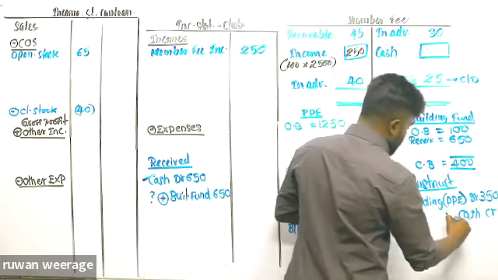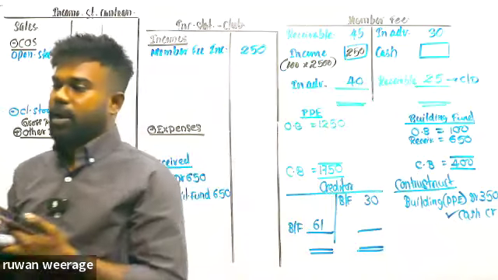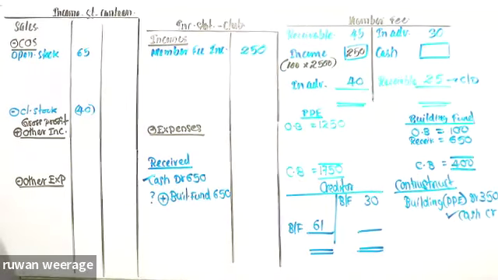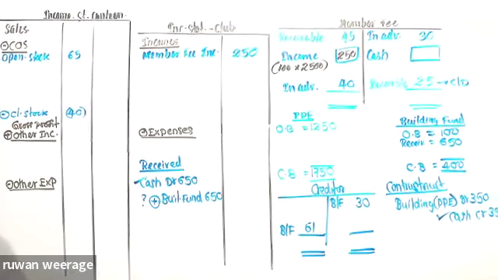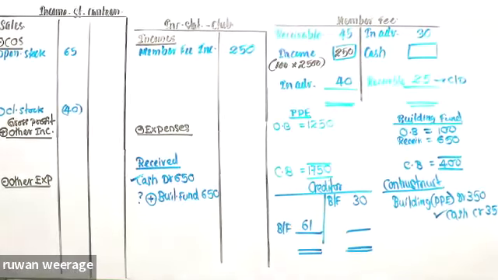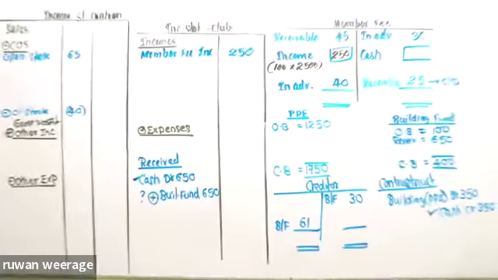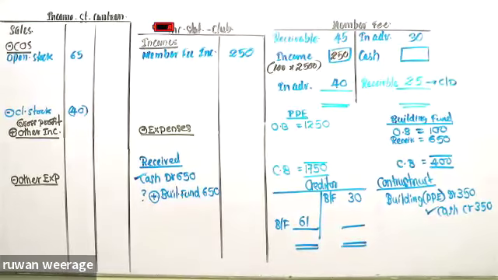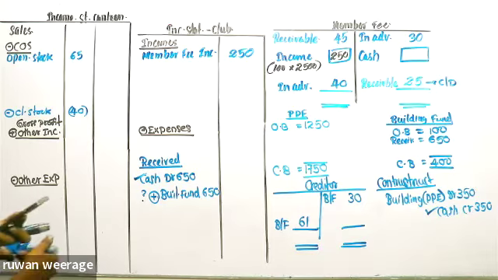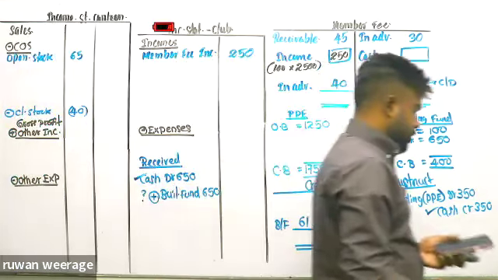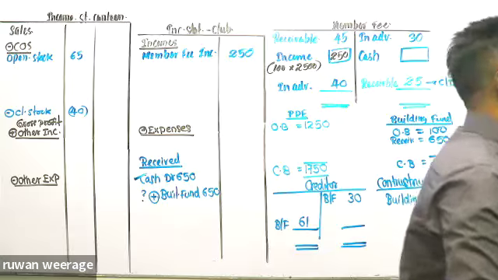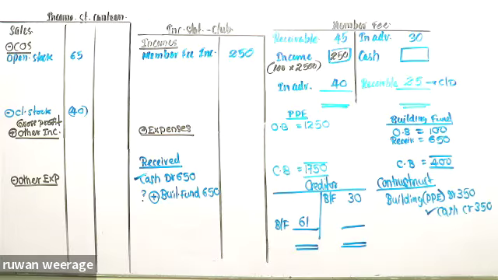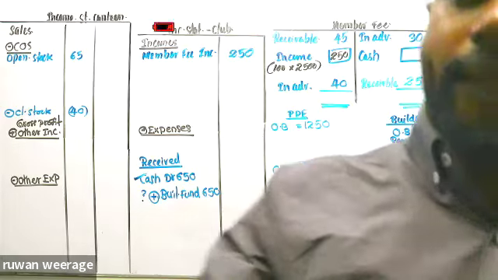Look at the cash account credit side. Can you recognize 350? Yes, tick. Tick the cash account credit side.